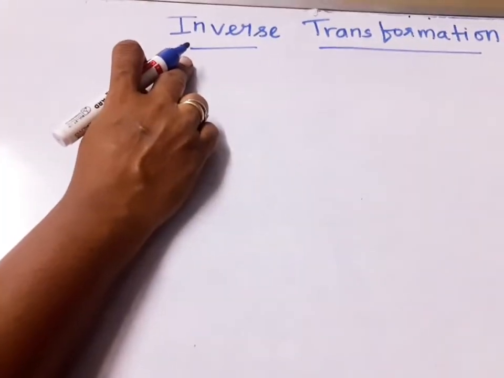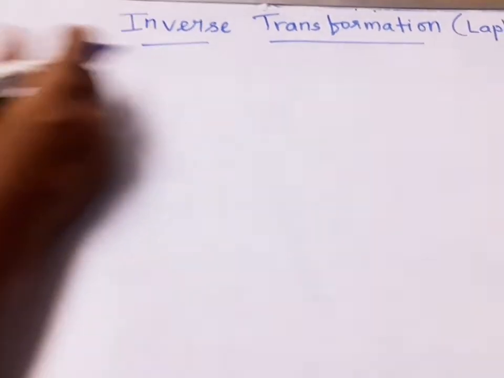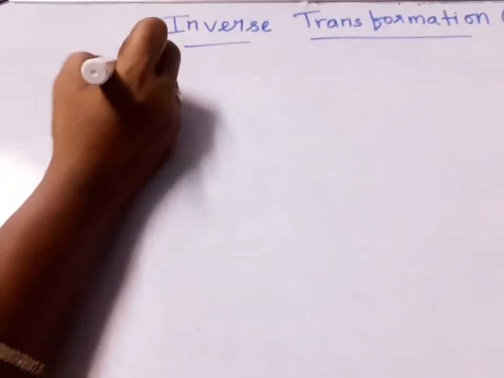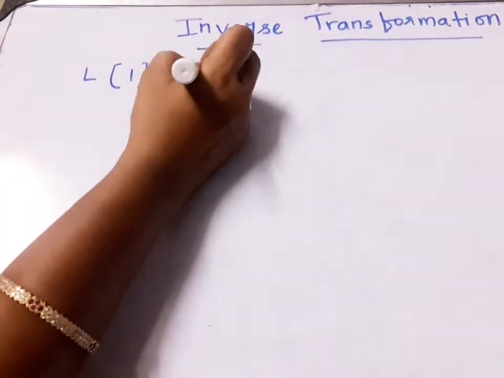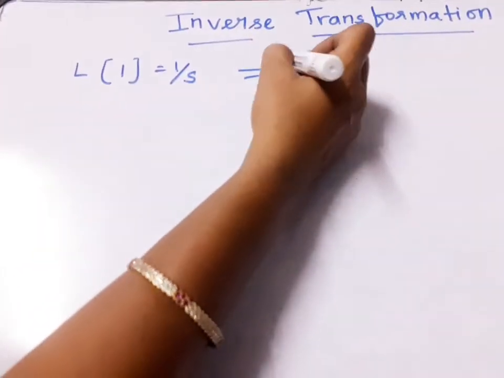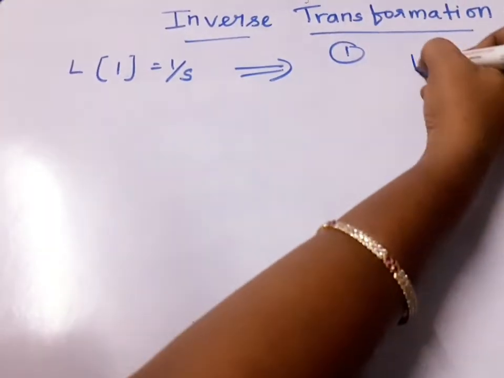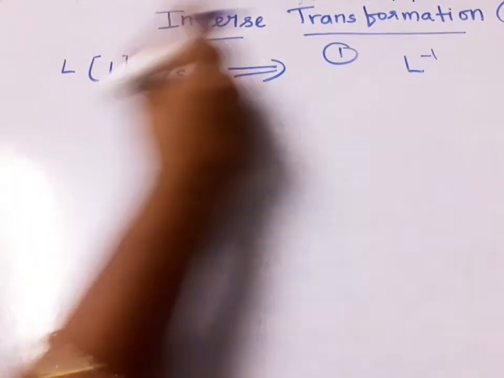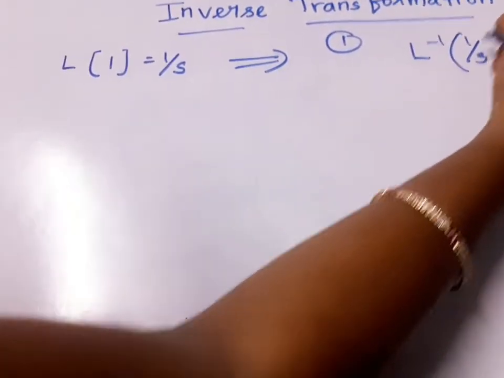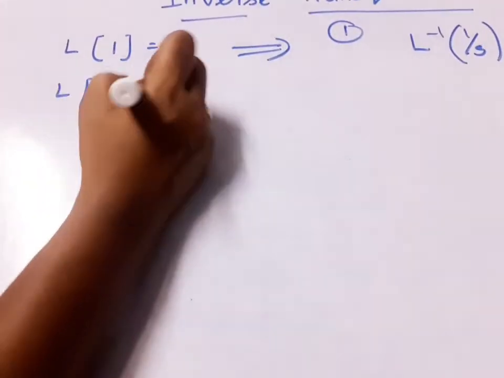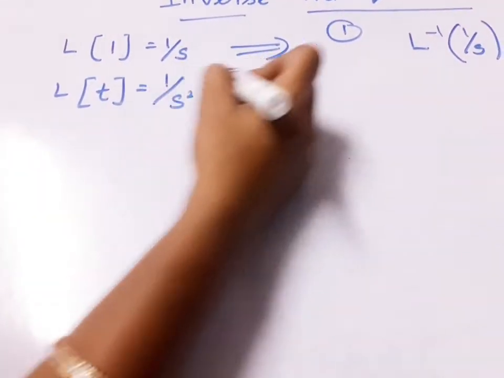So you all know the formula under Laplace transformation, that is Laplace transformation of 1 is 1 by s. So from this we obtain that L inverse of 1 by s is 1. And similarly, Laplace transformation of t is 1 by s square.